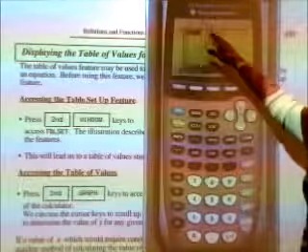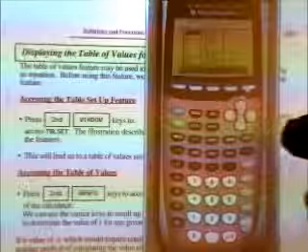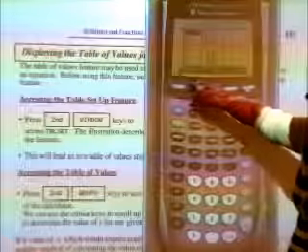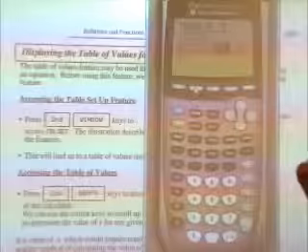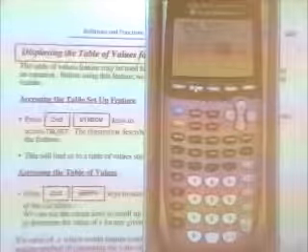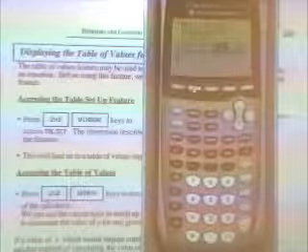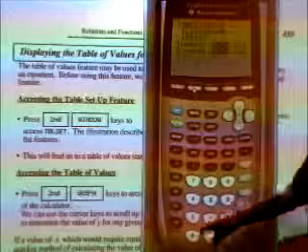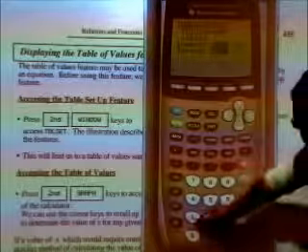It'd be really nice if we could get the calculator to do that with our x's. Where we get that menu is if you look above window, it says table set. So we go second, window, and then I can fill it. Where do I want to start my table? With that banquet question, I want to start my table at 100.